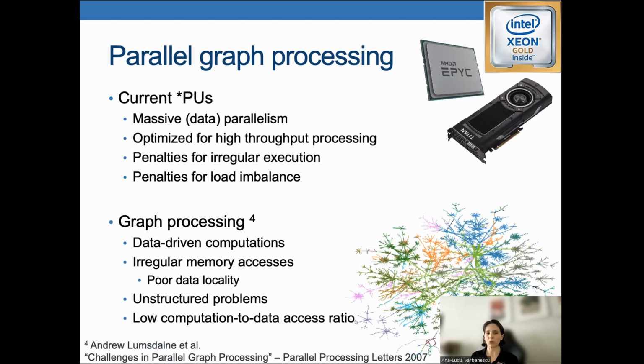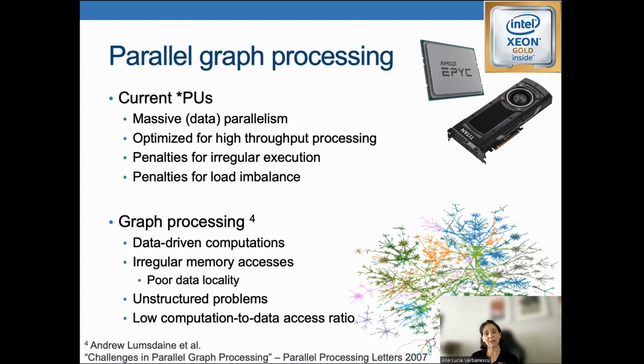And since already 2007, there's quite a long list of publications that are claiming that graph processing and parallelism are not really a good match. So effectively, on the one hand, parallel architectures really rely on massive parallelism, on regular massive parallel processing. They really look for high throughput, and they have significant penalties for irregular executions, for, let's say, unpredictable branches and load imbalance, which is pretty much what graph processing has to offer.